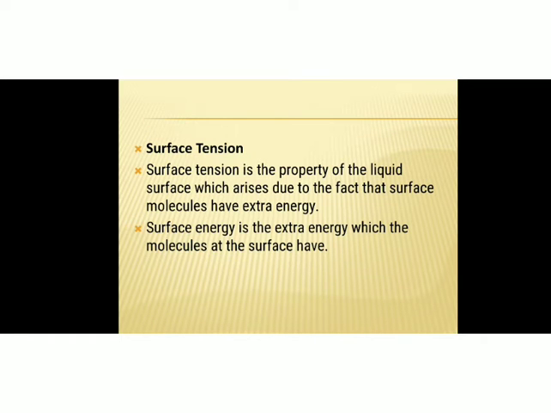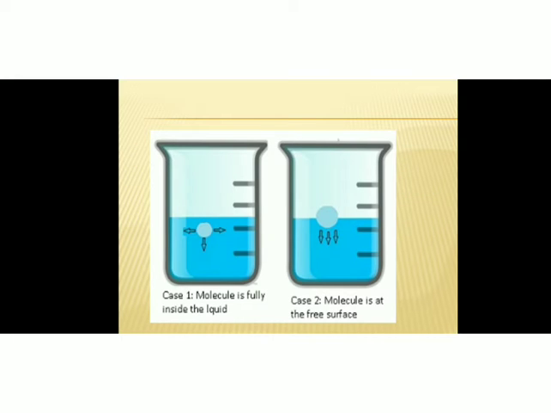And before that we can explain what is the reason for this surface tension with the help of this diagram itself. So here you can see some molecules. This molecule is fully inside the liquid, and this molecule is at the surface. For this molecule, you can see the force of attraction on the molecule are equal in all directions.